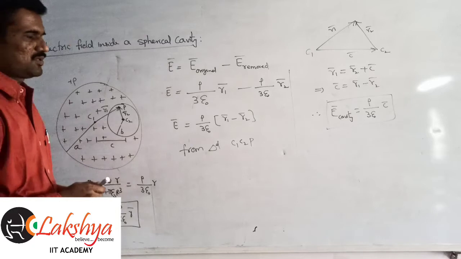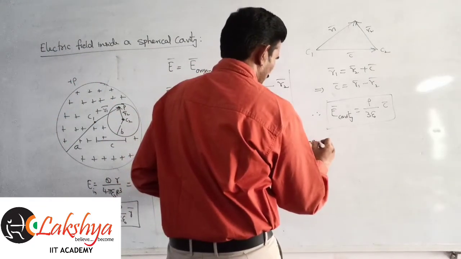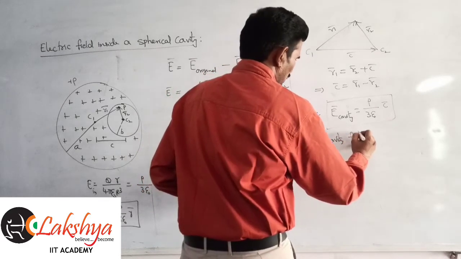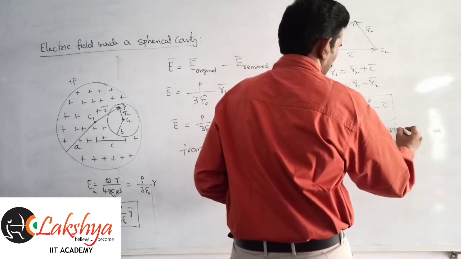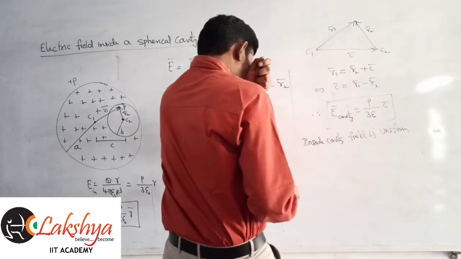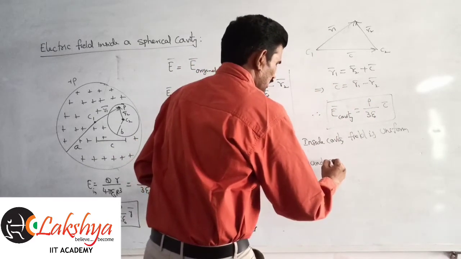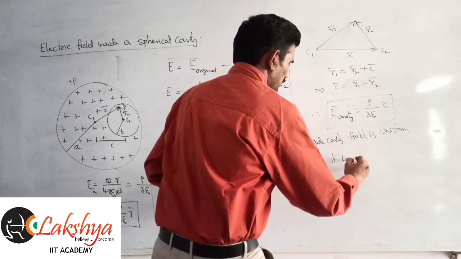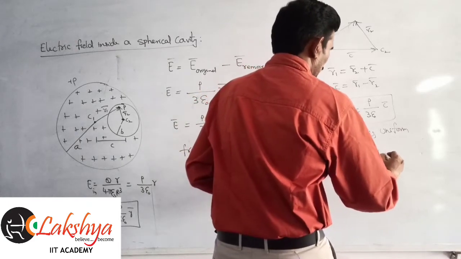So therefore I can write, inside the cavity the field is uniform and it is along the direction from C1 to C2.